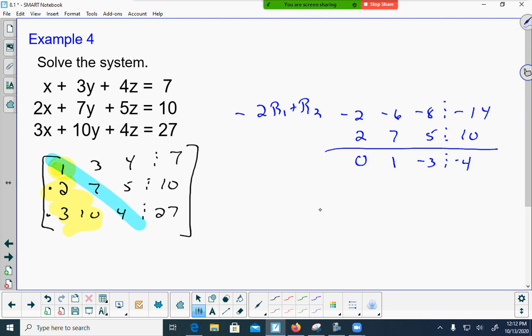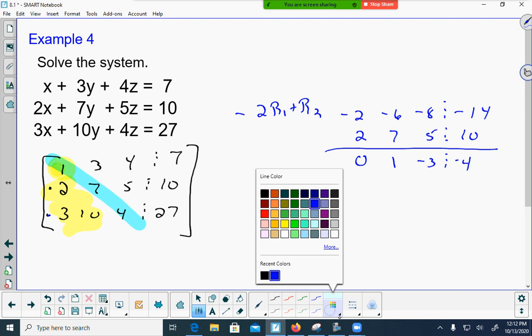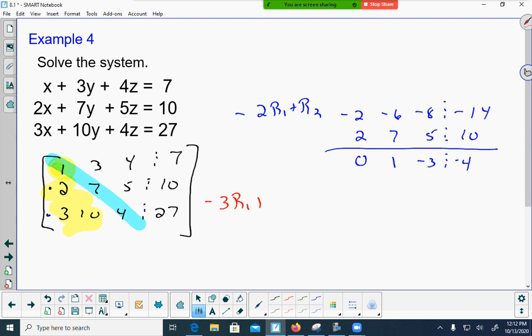Now I want to do some other combination where I can make this 3 a 0. What would I have to do to make that 3 a 0? John? Make that 3 a 0, you would take the first equation, like -3, and then add it to the third, right? And see the nice little notation I'm doing? Are we all doing the nice little notation? Your math teacher loves it when you do that.